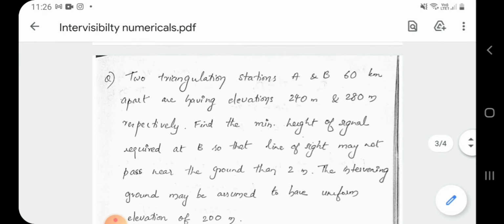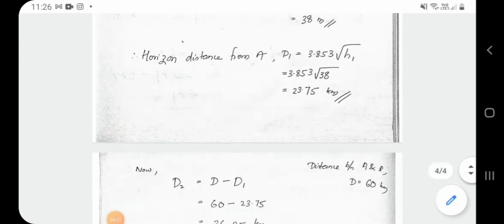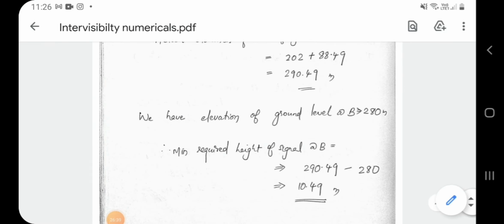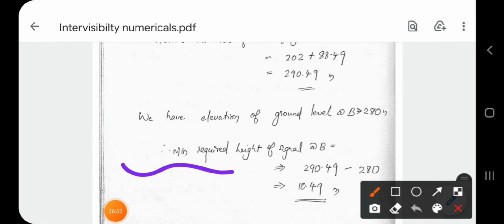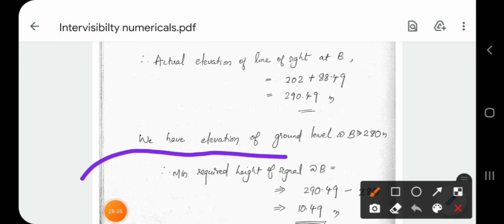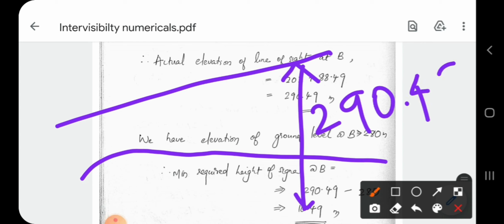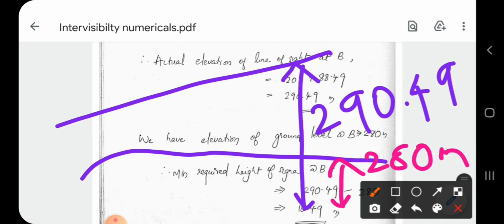The elevation of station B is 280 meters. So the line of sight is 290.49 meters above the datum, and our ground level is at 280 meters above the datum.